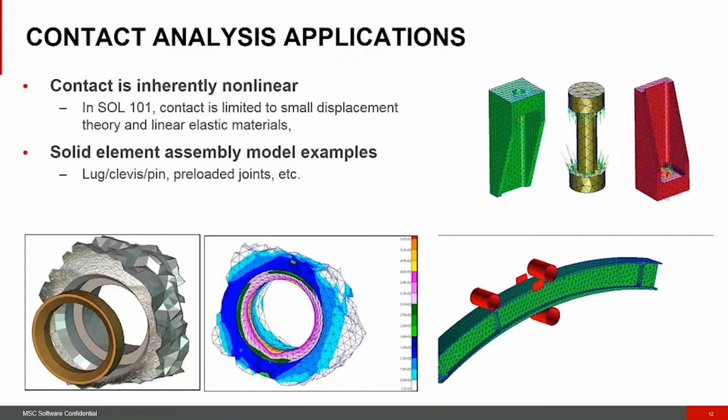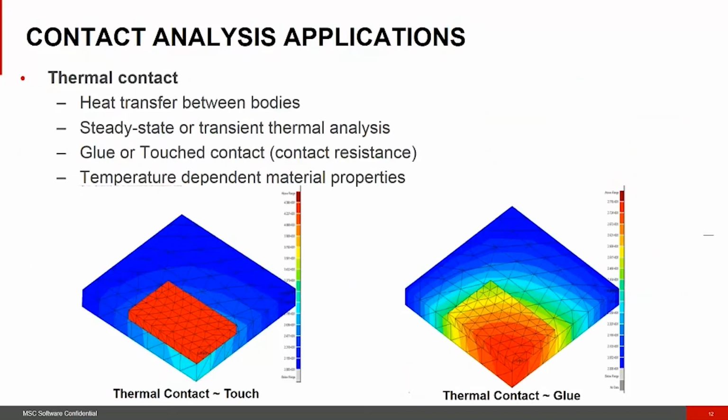You can use it for interference fit in the cases where the displacements are large. You can use it for preloaded joints, as you can see on top, for bolt analysis. So these are some of the options that are available for large rotation, large displacement contact.